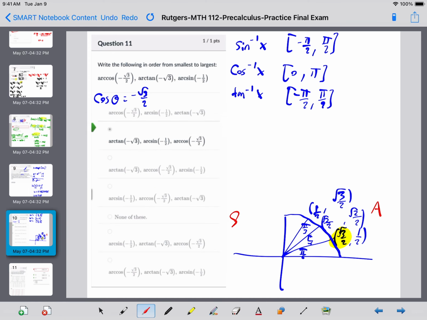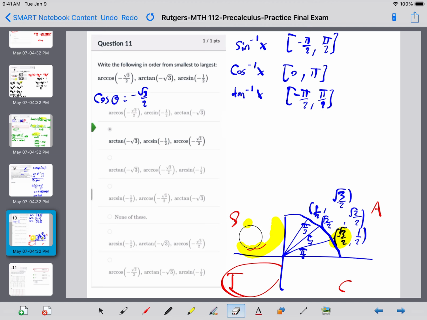And we have to think to ourselves, all students take calculus. So cosine would not be positive here in quadrant 2 and here in quadrant 3. And the range for arc cosine is 0 to pi. So the one we have to consider is quadrant 2.